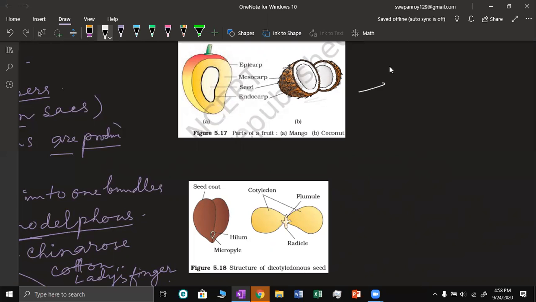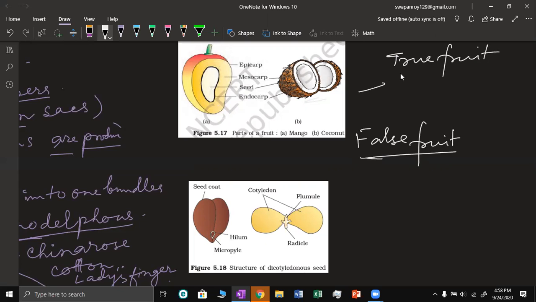The fruit may be a true fruit or a false fruit. A true fruit is one where the fruit develops from the ovary.